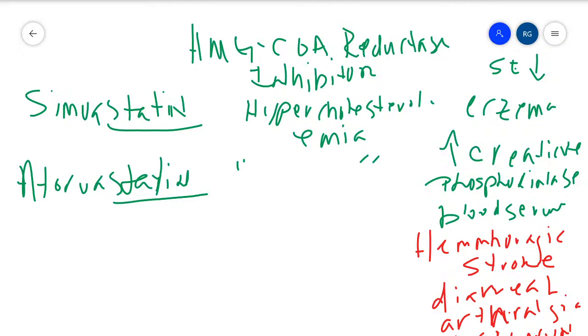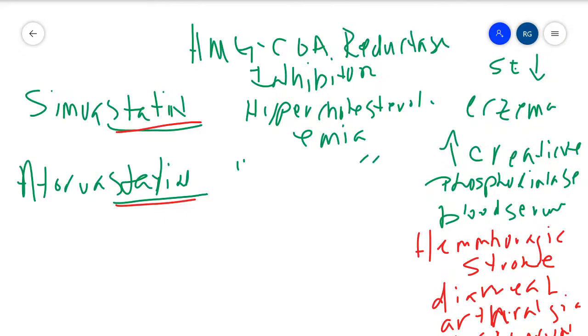That's atorvastatin, ending in statin. Not all agents, there are some exceptions, I'm sure, but most medications in this drug class will end in statin and would be for hypercholesterolemia.